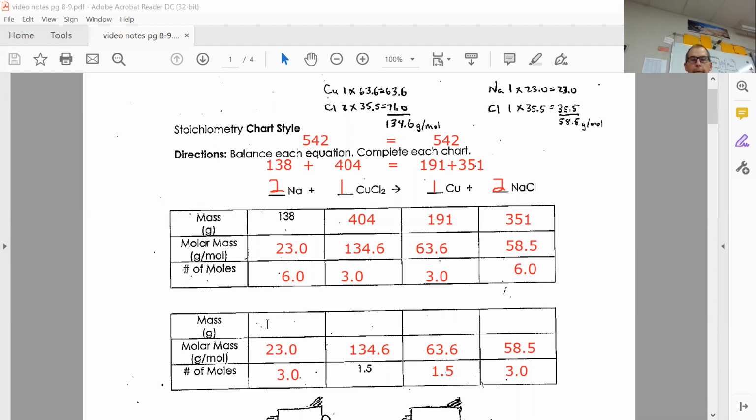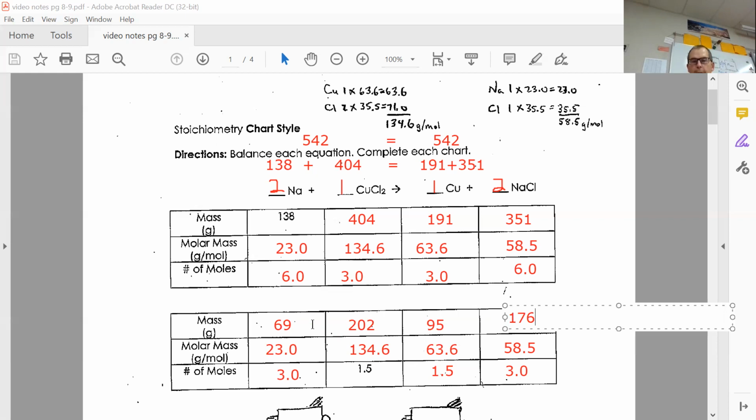So we end up with 3 times 23 is 69. And I think I'm just going to round it to the nearest gram in these. 1.5 times 134 is 202. Keep going. 1.5 times 63.6 is 95. And the last one, 3 times 58.5 is 176.